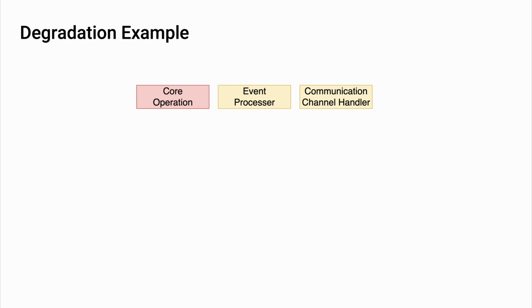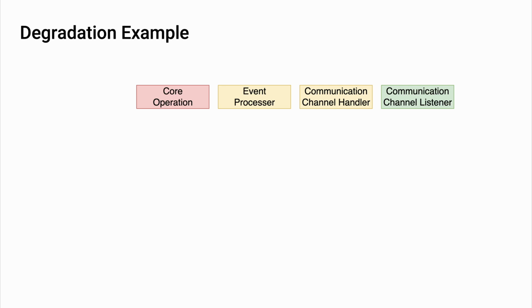Both of these are in our important bucket. And finally, we have the channel listener, which is sitting on a specific modality. We put that in the convenience bucket. Now, this is not to say that if you can't handle data from this, then that doesn't impact important stuff. It's to say that this is less important than the communications channel handler and the event processor.